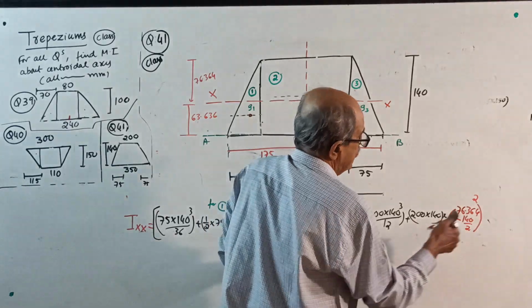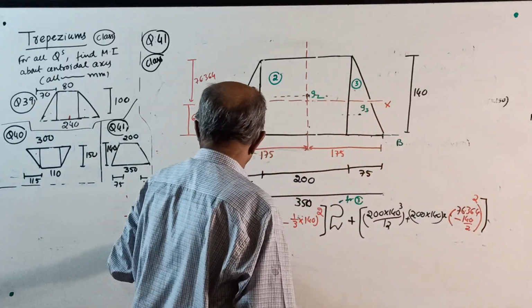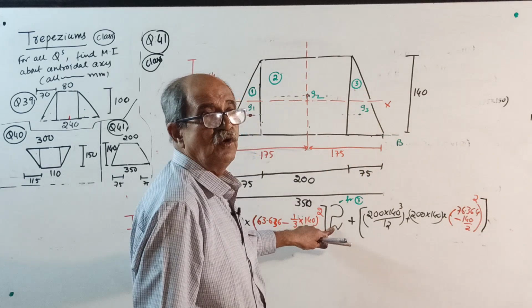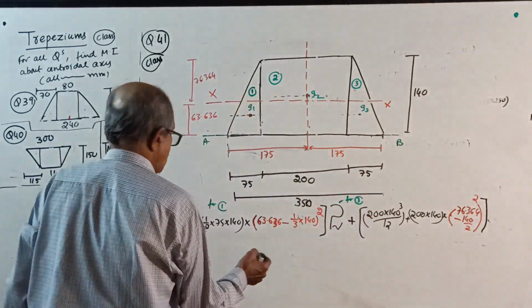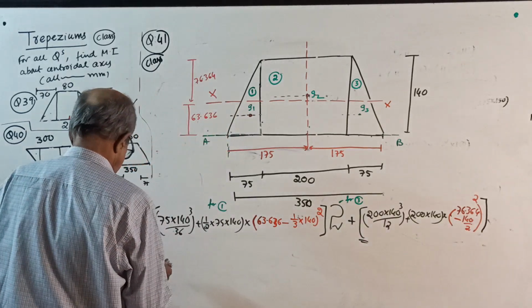This will give for figure number 2. I for 1 into 2 takes care of 3, plus 2, get the answer. Write the answer as IXX.